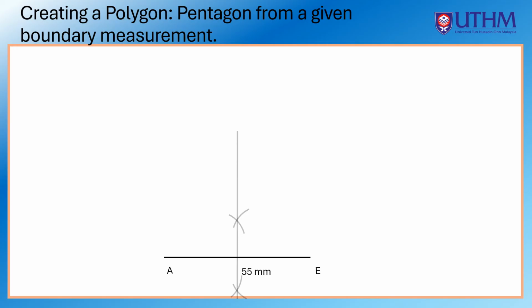From point A, create a 45-degree angle that cuts through the middle line of AE at point 4. Then from point E, create a 60-degree angle that cuts through the middle line at point 6. Then the line between points 4 and 6 is divided into 2 to obtain point 5.